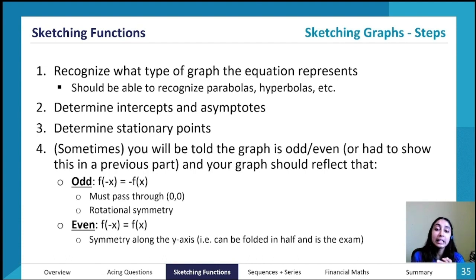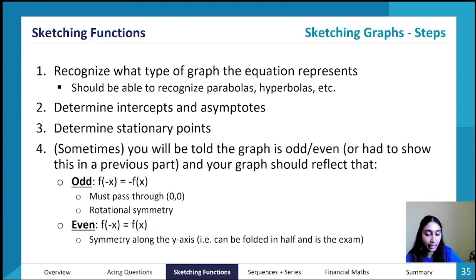You may be told if a curve is odd or even, which is something that you went through in year 11. So this, if it's going to be asked, will be given in a question that will be a lot harder than just you have an odd function, draw it. So also keep these in the back of your mind. An odd function is defined by f of negative x is equal to minus f of x, and even is f of negative x is equal to f of x.